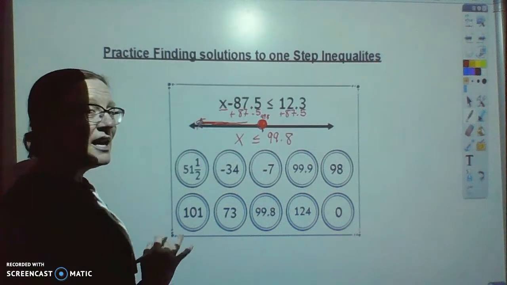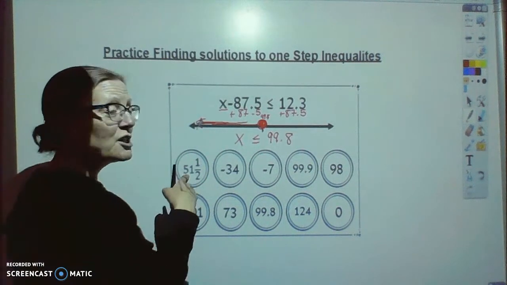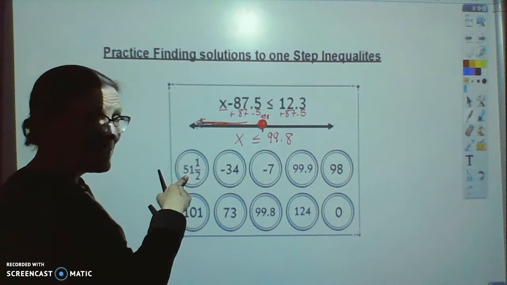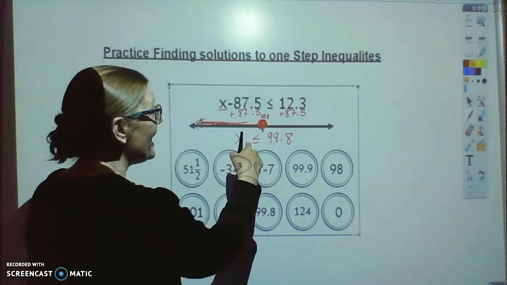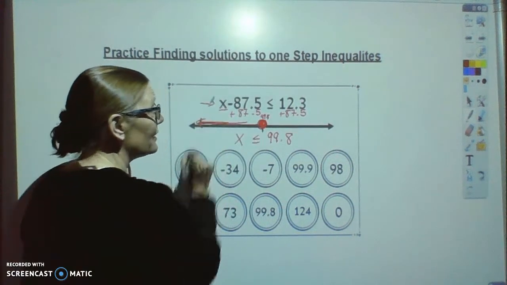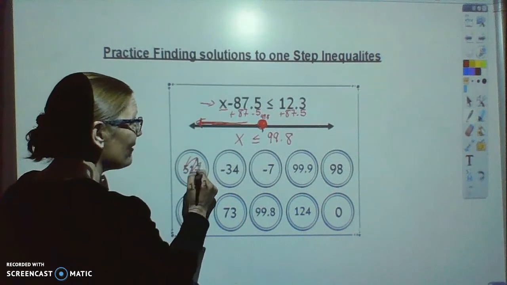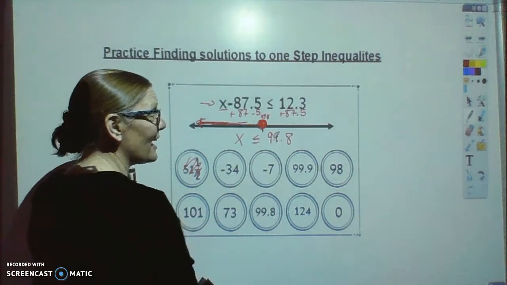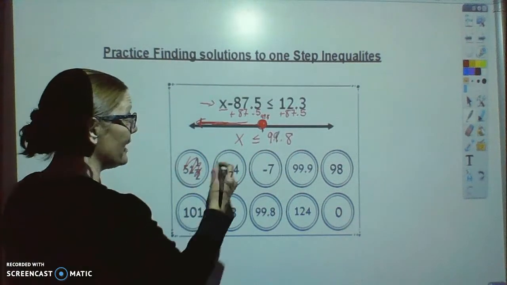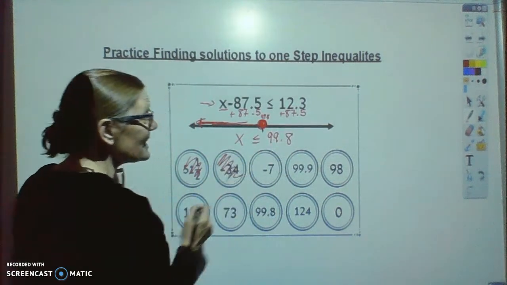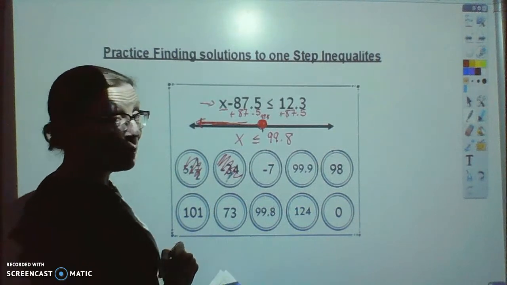In the assignment today, what they want you to do is identify answers or solutions that make the original inequality true. So 51.5 is actually less than 99.8. It's to the left. Negative 34 is less than 99.8.